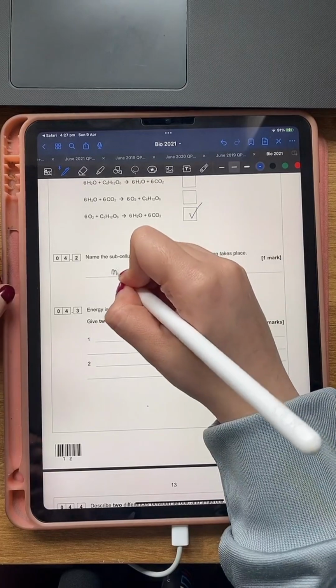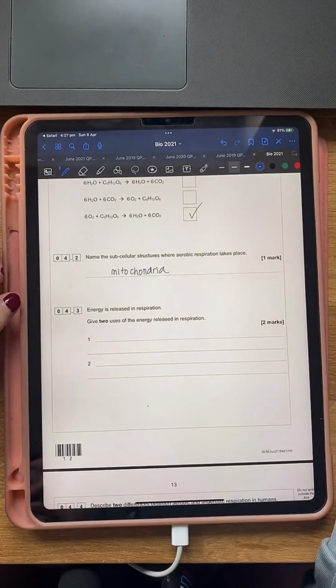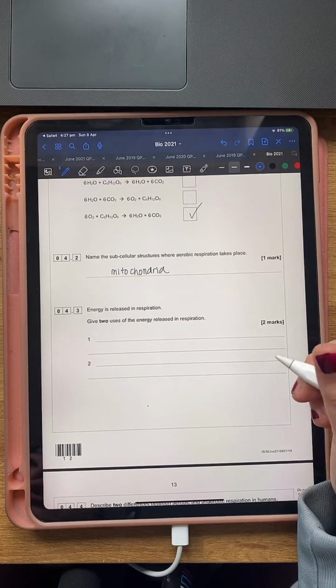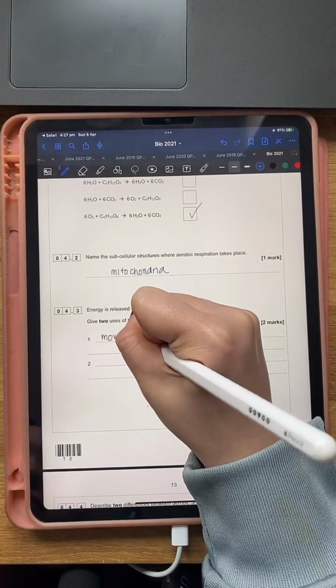Energy is released in respiration. Give 2 uses of the energy released in respiration. So what do you use your energy for? What was that? I think I saw movement. Yep, movement is one of them. I think someone said skeletal contractions, which is correct.